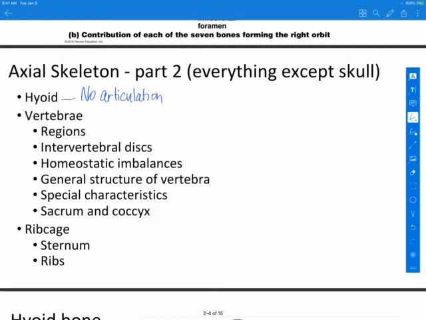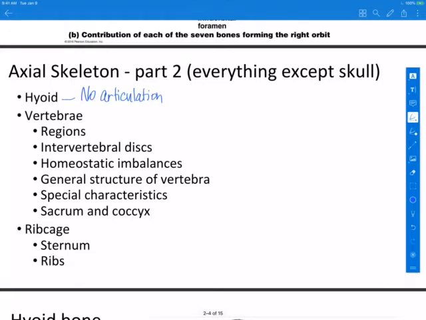Its main purpose is that it provides a movable base for the tongue, and it is involved in swallowing and speech because it provides a place for neck muscles to attach. And I'll show you where they attach in just one moment.